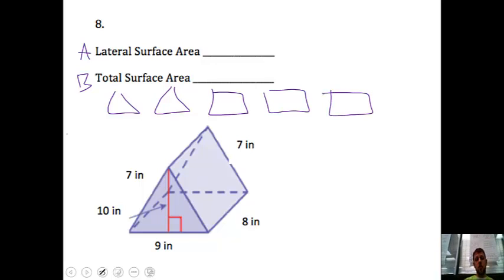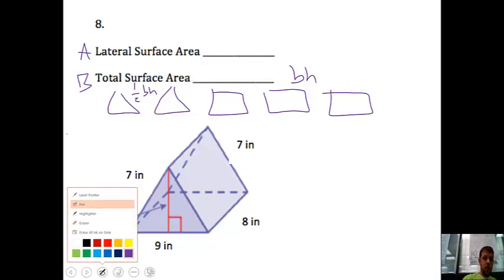We got 2 base triangles and 3 lateral face rectangles. We know that the formula for a triangle is 1/2 base times height, and the formula for a rectangle is base times height.